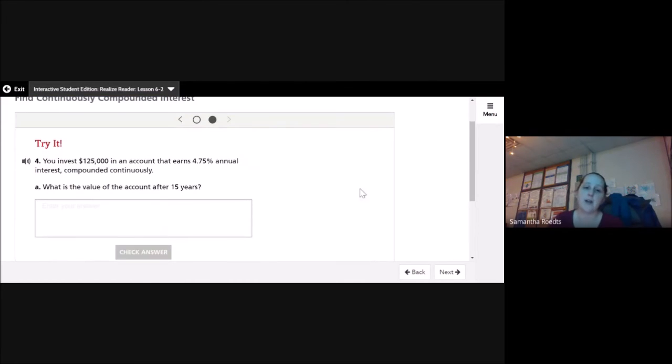All right, so let's try it. You invest $125,000 in an account that earns 4.75% annual interest compounded continuously. What is the value of the account after 15 years? So again, I'm going to use that formula. So A equals my principal, 125,000, times e to the 15 times 0.0475.